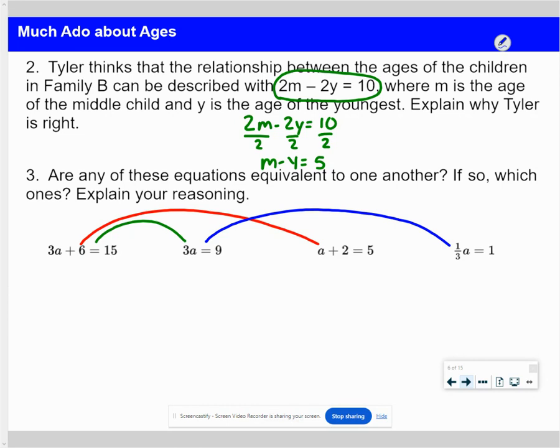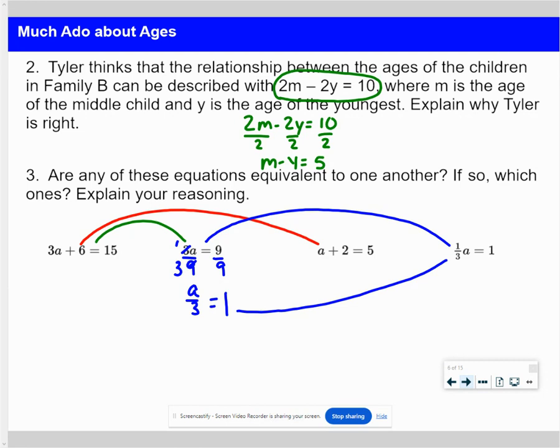To get the 9 down to 1, I'm going to divide by 9, divide by 9. I would get a 1 on the right side, which is what I wanted, and 3 over 9 could simplify to just a over 3, right? Divide by 3, divide by 3. So that's how these two are related.